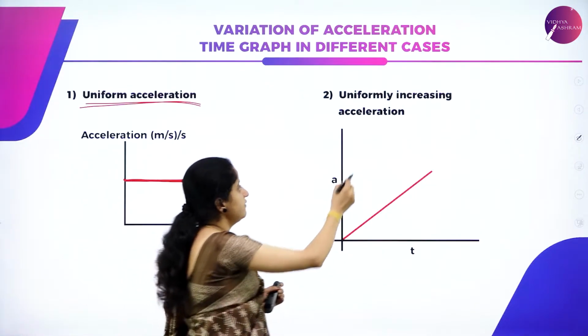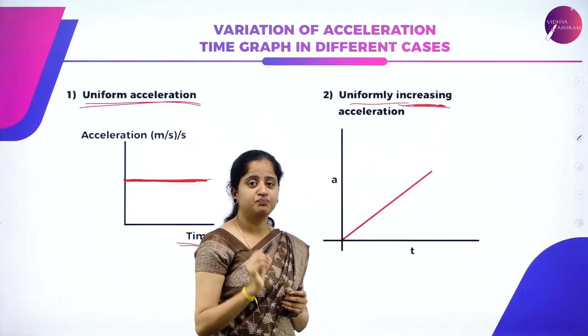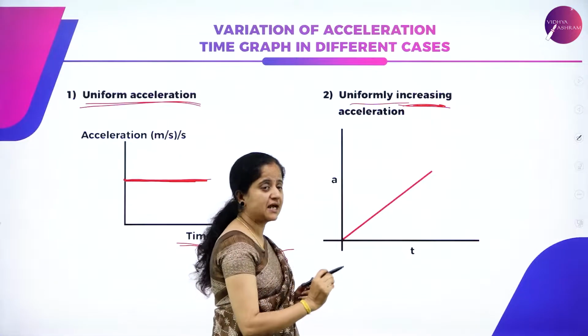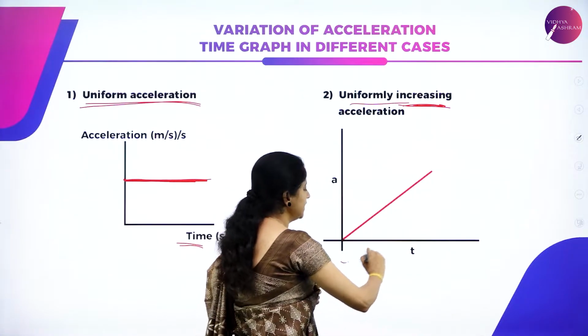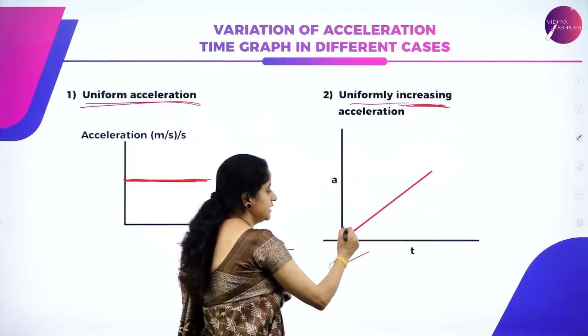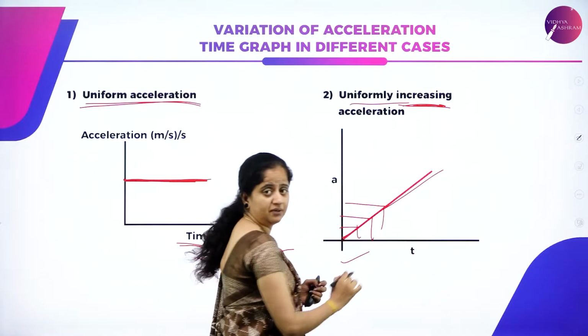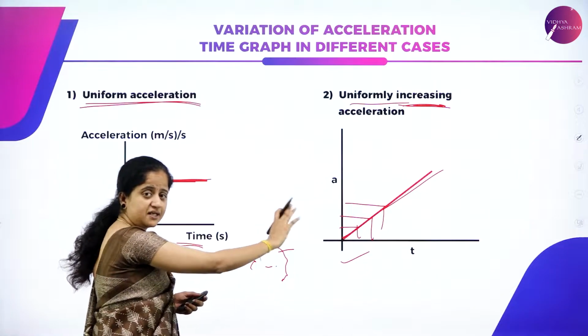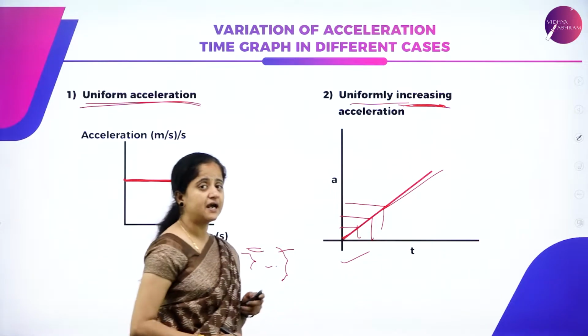Next we have uniformly increasing acceleration. The graph plotted for a body with uniformly increasing acceleration is given by this graph. We can observe here that with respect to time, the acceleration is increasing uniformly. It is not constant, it is not decreasing, but it is increasing acceleration.